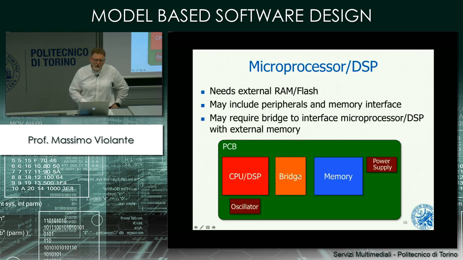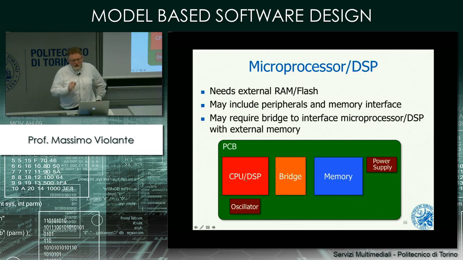This is needed or not, depending on the features of the red square that we have here. If the component is able to host the memory bridge, well, this orange element shall be considered as integrated into the red box. If not, this is an additional component that we have to place besides the CPU.